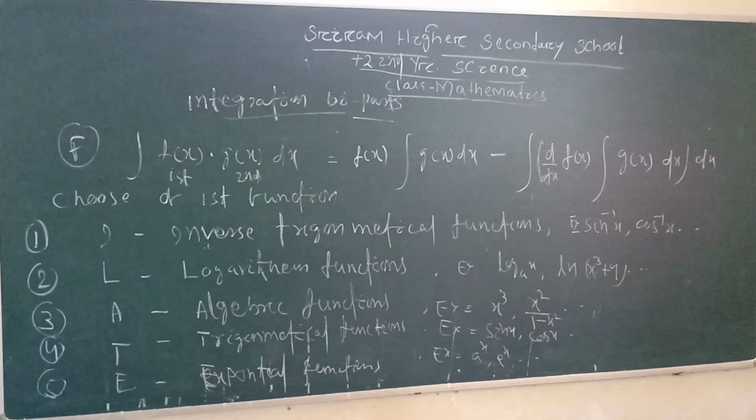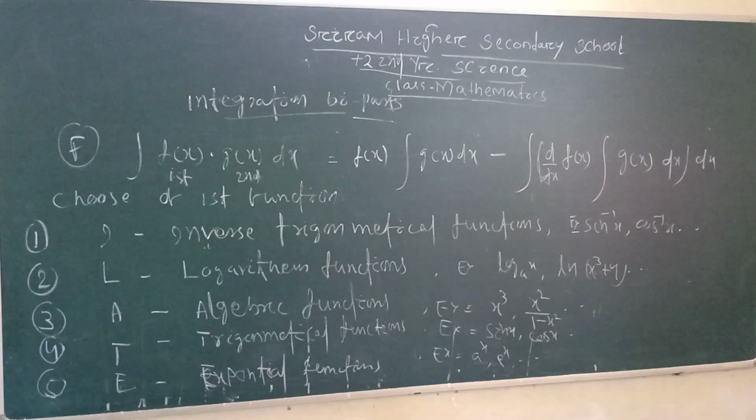For example, sin inverse x into a to the x, where sin inverse x is number 1 and a to the x is an exponential function, number 5. So sin inverse x is taken as the first function and the exponential is the second function. Which comes first among 1, 2, 3, 4, 5 is used as the first function, followed by the second function. Remember that it is very important, because the choice of the first function depends on this process.